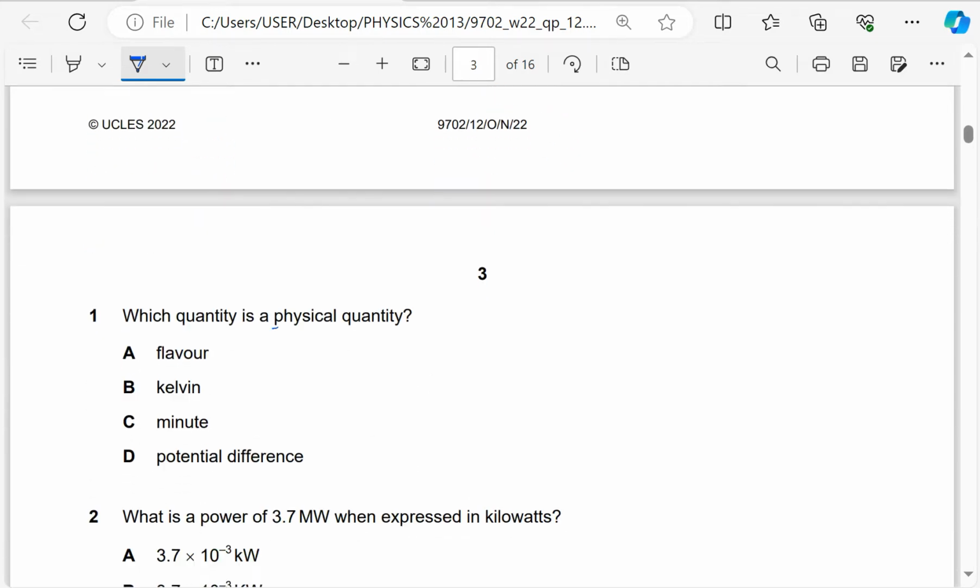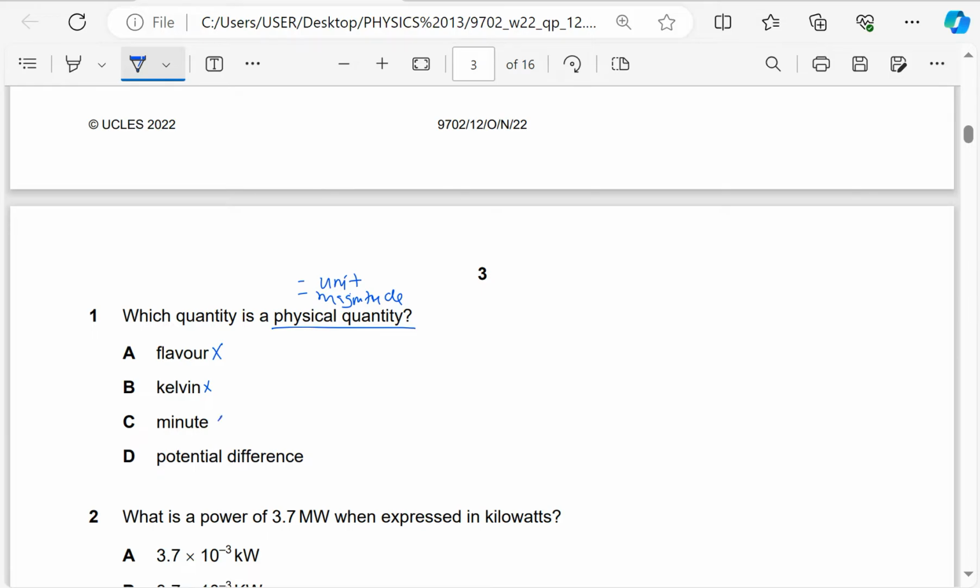Which quantity is a physical quantity? Of course, a physical quantity should have a unit and a magnitude. A flavor, that is a type of quark, is in other words a type. Kelvin is just a unit, not a magnitude.